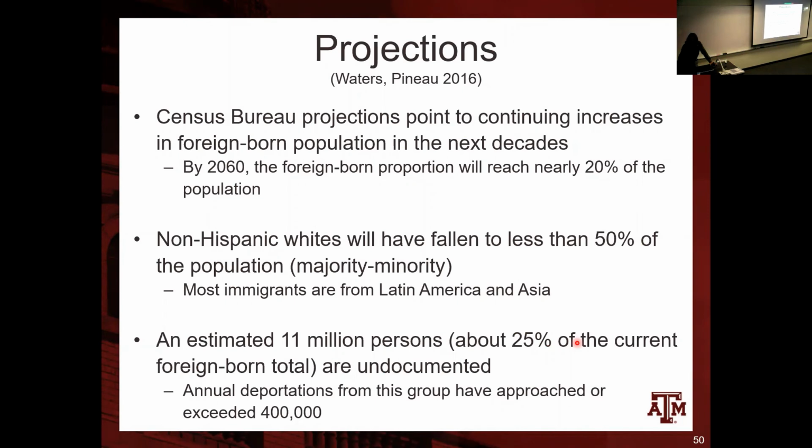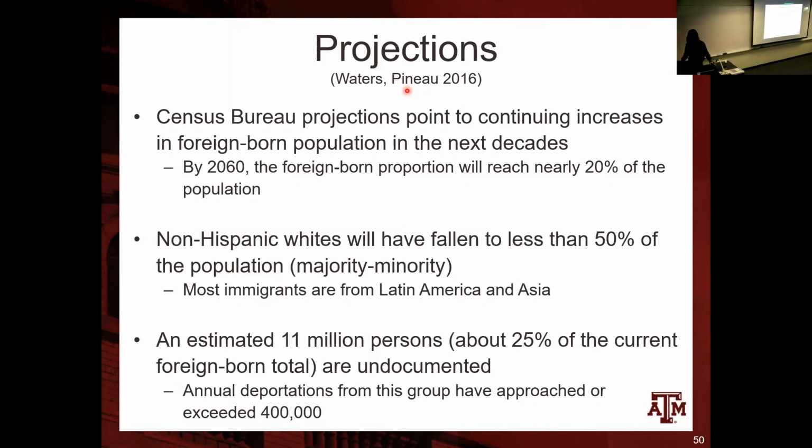And also based on this paper from Waters and Pineau, this is that article that summarizes the long report funded by the National Academies of Science. No, sorry, this one is another one. It's a different paper, talking about projections of the US population, and what we already talked about before, that majority-minority discussion.